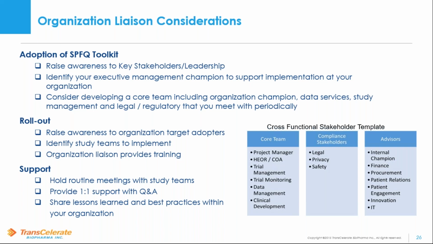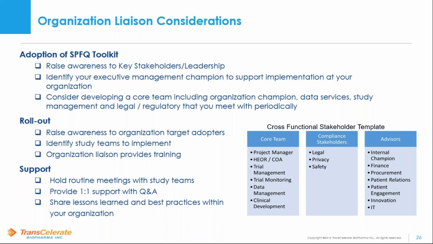Great. So this is an example of some of the content that you would find in the user guide. One of it is around liaison considerations, and it's just one model. We had feedback from some early adopters and others who said that this approach works well: a liaison is a partner, one person or team who's responsible to talk to the clinical teams or the study teams about any issues and challenges they have, and helping them figure out how to implement.